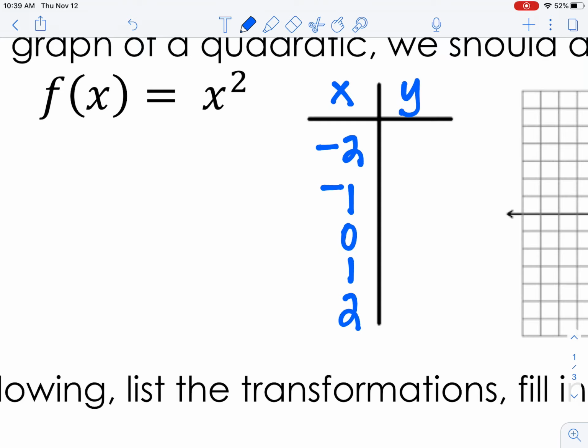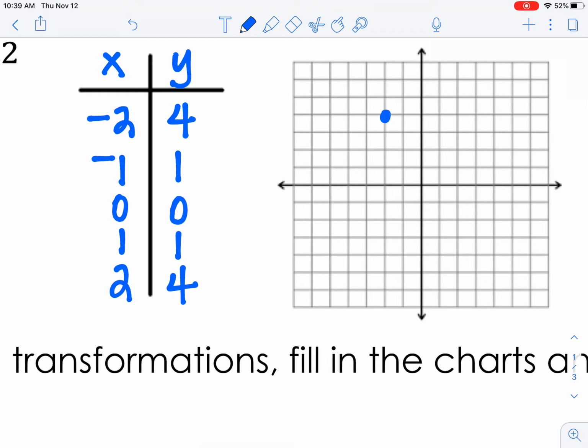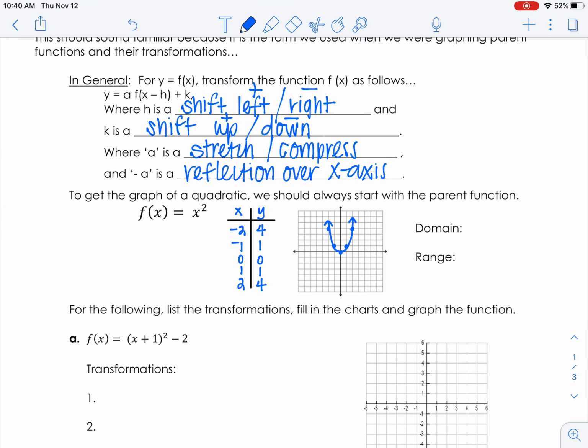When I square -2, that's basically saying -2 times -2, which is +4. -1 squared is 1, 0 squared is 0, 1 squared is 1, 2 squared is 4. So -2, 4, -1, 1, 0, 0, 1, 1, 2, 4. Okay, that's the parent function.